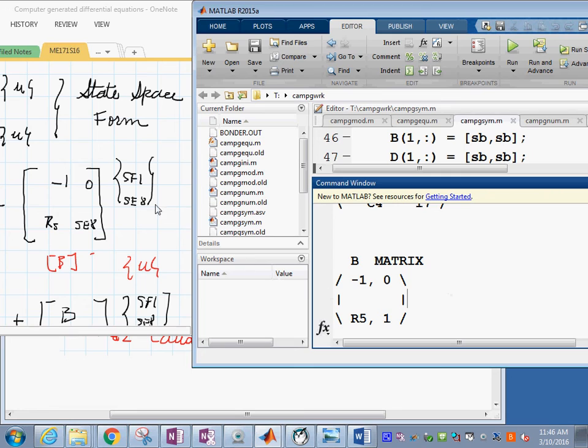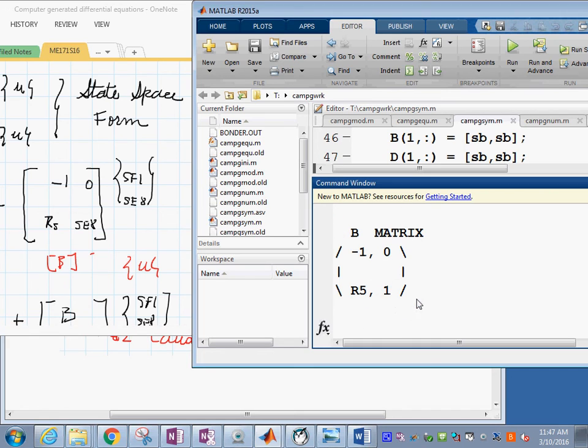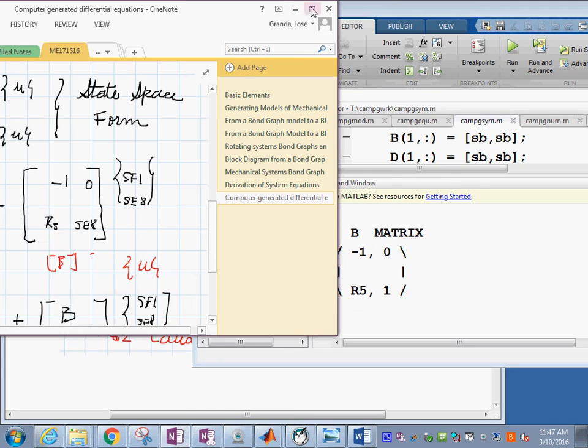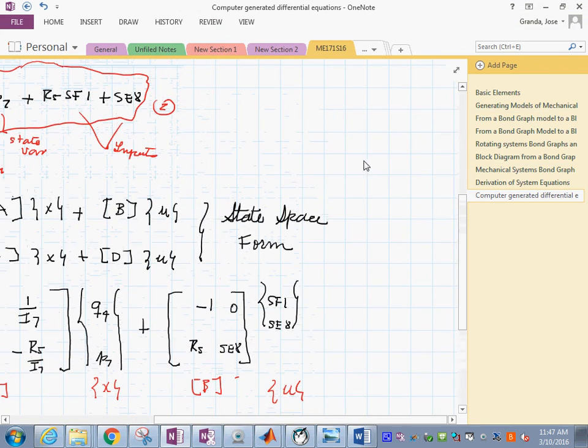You also have them in the Cauchy form, and then is where we can use these equations also to produce block diagrams, although we don't need to do that, but it can be used for that purpose also. But the main thing in this case was to produce the state space form, which you see that it produced the matrices here.